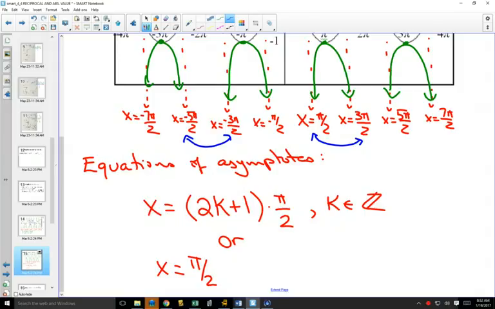So if we start with pi over 2 and then add k pi, as many times as we want, that will also get them all, because we started with one of them and then we just jumped by pi's, both in the positive and negative direction. So if you were asked to write either the zeros of cos or the equations of all the asymptotes, those are 2 different options that you have.